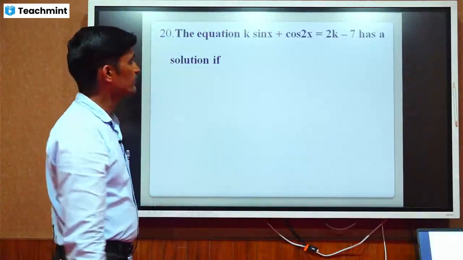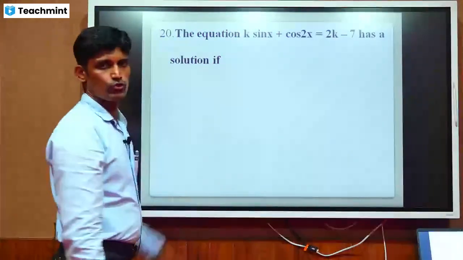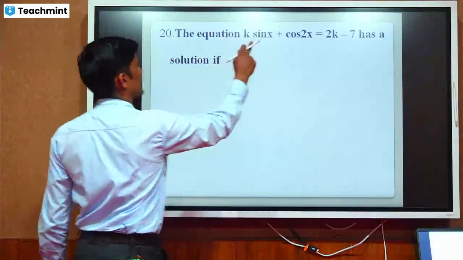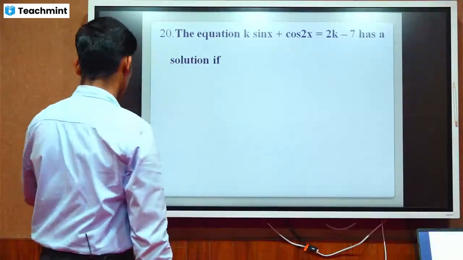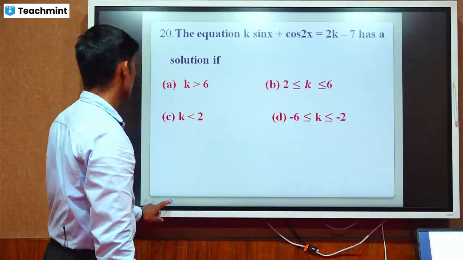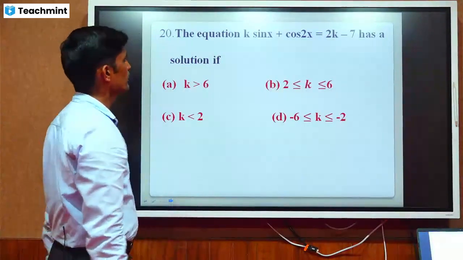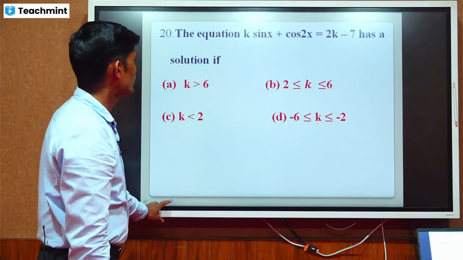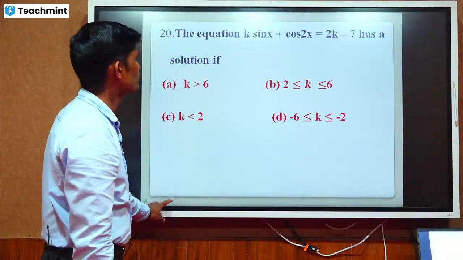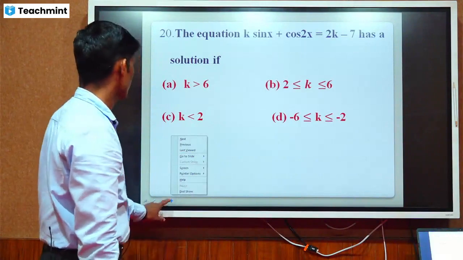Next question, again related to general solutions. The equation k sin x plus cos 2x equal to 2k minus 7 has a solution if. These are the answers, conditions. Here we have to obtain the condition for k. This is k sin x plus cos 2x equal to 2k minus 7.